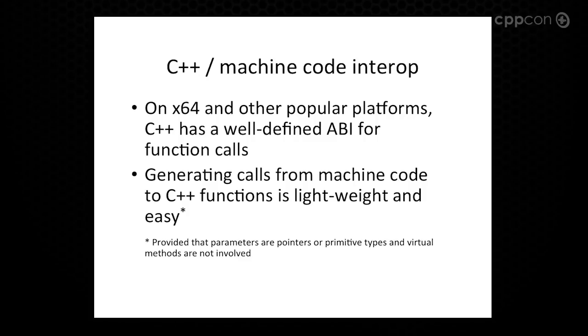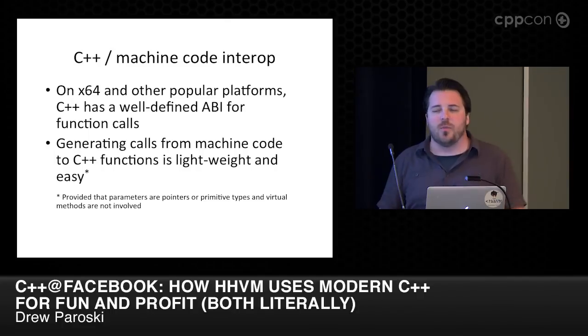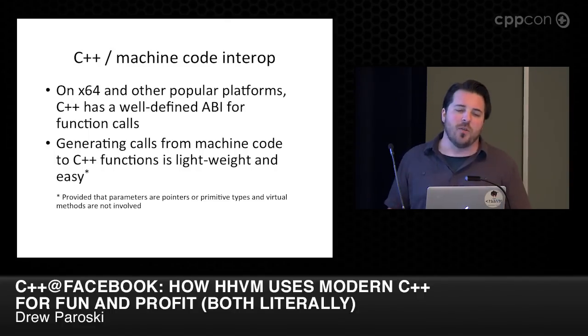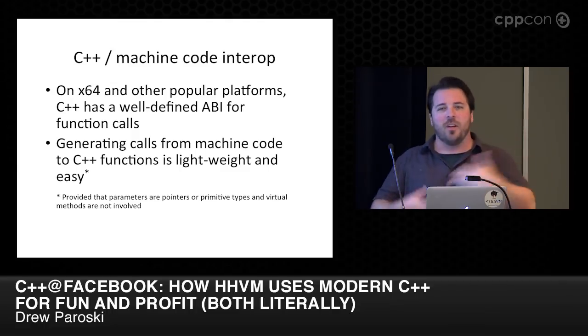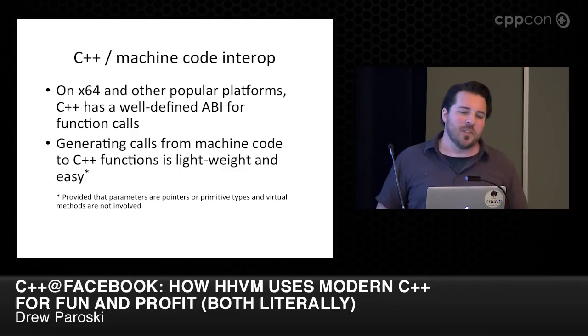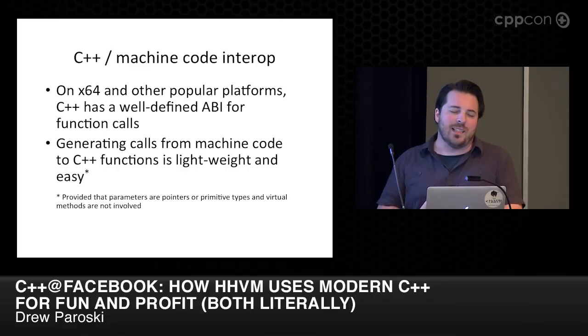So now I'm getting to some of the gritty stuff with machine code. As I mentioned at the beginning, it was key that we had lightweight, very efficient and easy machine code interop, because this is a JIT compiler, and we're going to have C++ calling into JITted code and JITted code calling into C++. And a big thing was having a well-defined ABI for function calls.